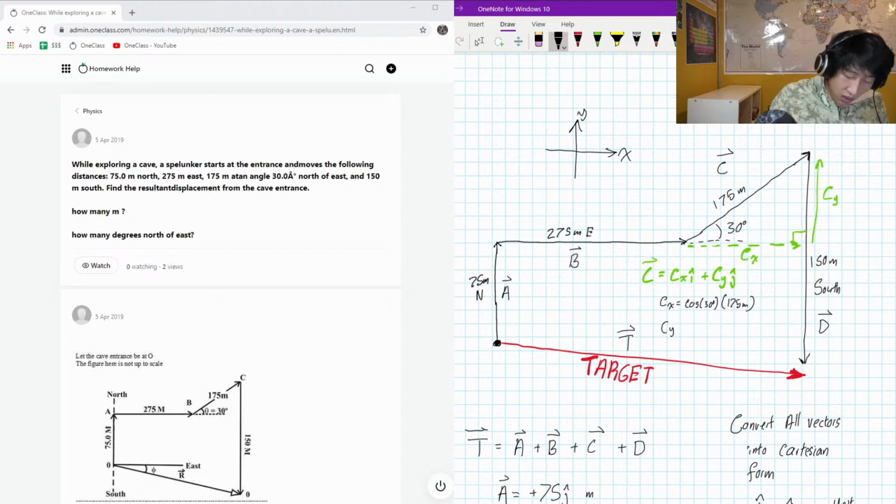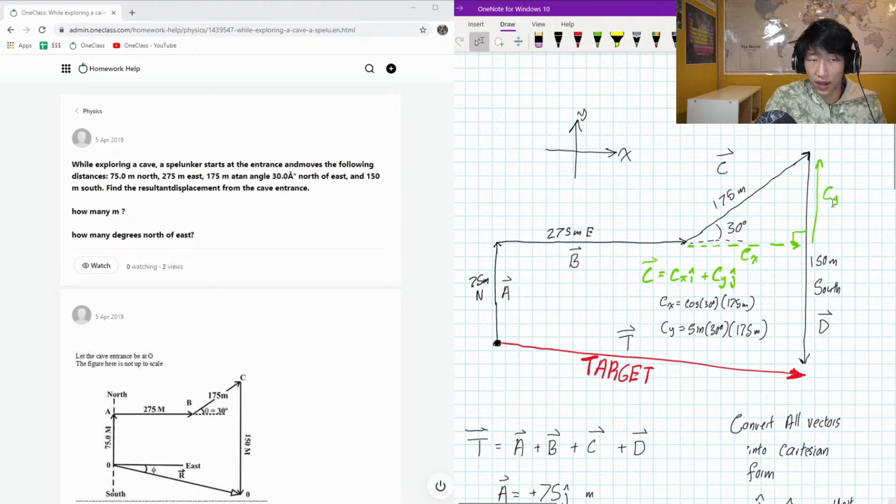And CY is similar, but on the other side: sine, hypotenuse and opposite, SOA of the SOHCAHTOA. So sine 30 degrees times 175 meters. Okay, so these are the individual x and y components of C, just using the power of trigonometry.